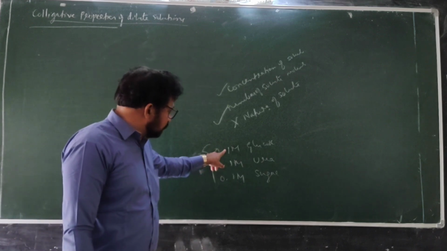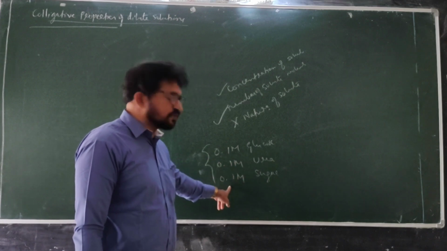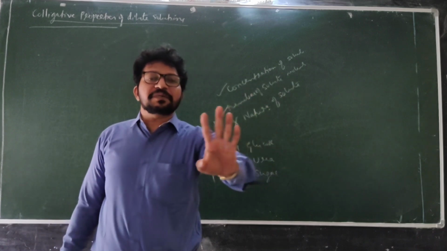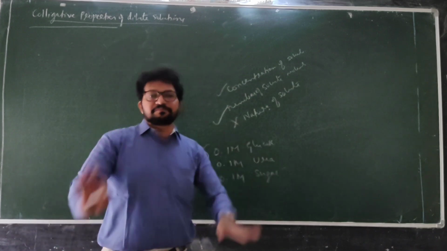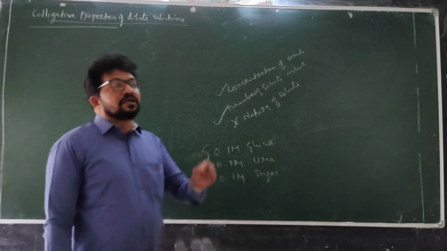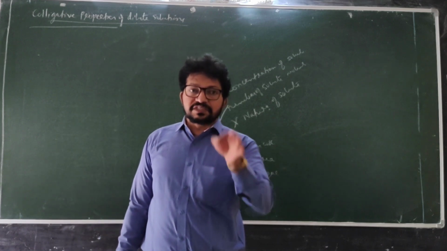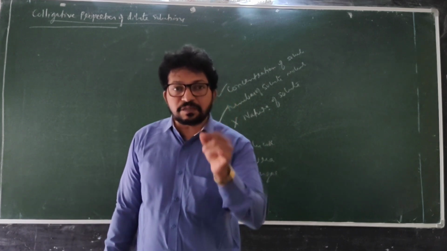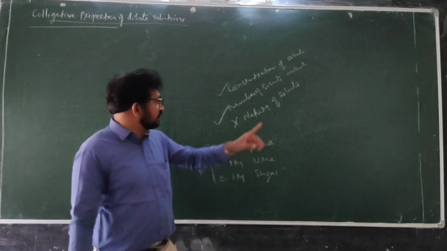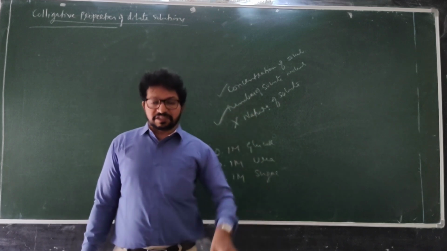But number of glucose molecules equals number of urea equals number of sugar. Colligative properties of all the three are the same. I repeat once again. Those properties of dilute solutions which depend only on the number of solute particles and not on the nature of solute particles are called colligative properties.